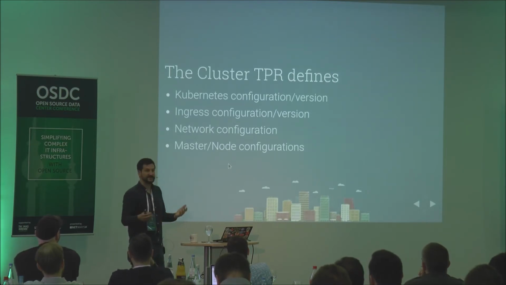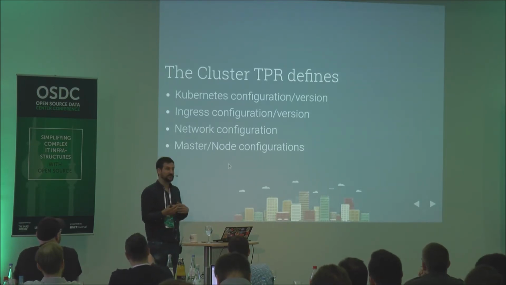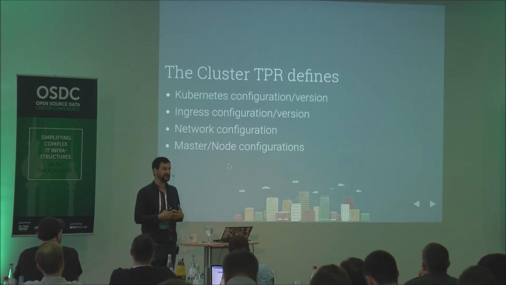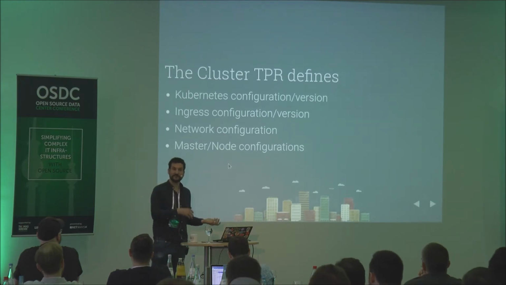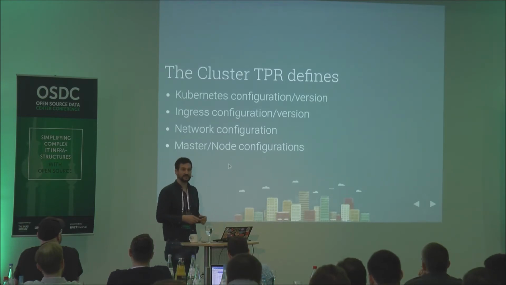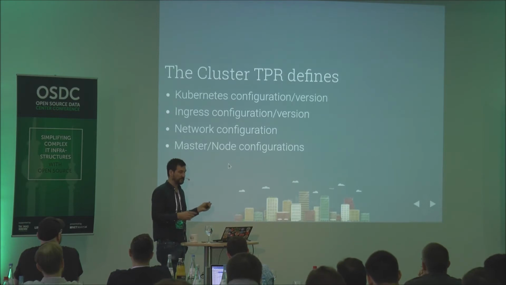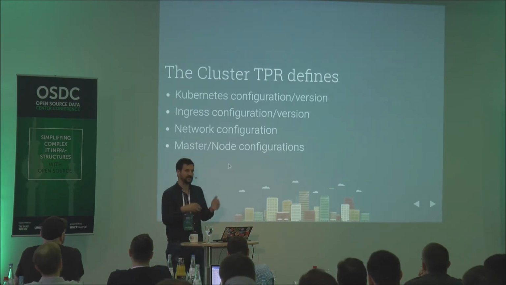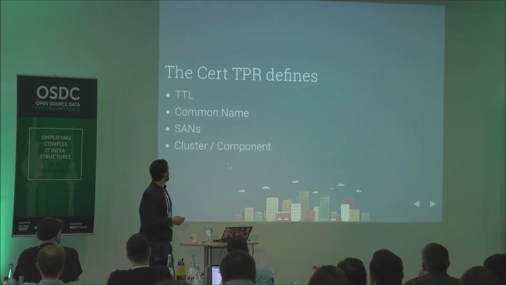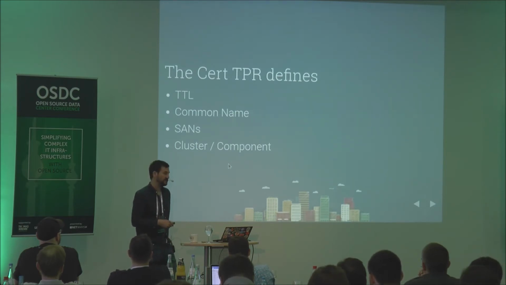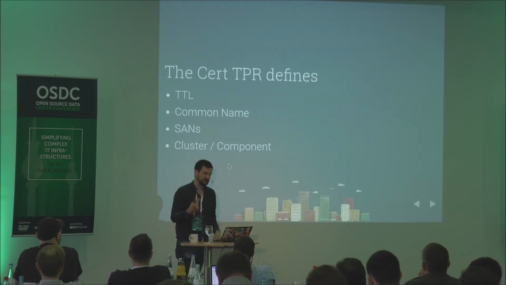But it's basically what you would do in a templating configuration management as well. Most of this stuff is just held in config maps in Kubernetes. So it's in the TPR, but then it's translated into config maps and secrets and all these native components in Kubernetes. And similar for the certificate TPR: you have a TTL, you have a common name, you have some alternative names.